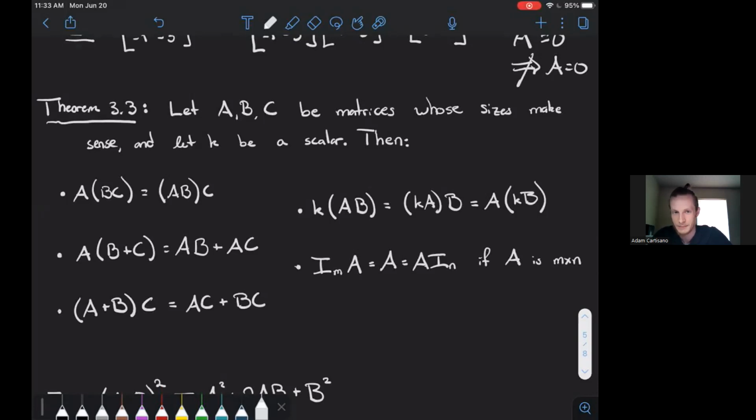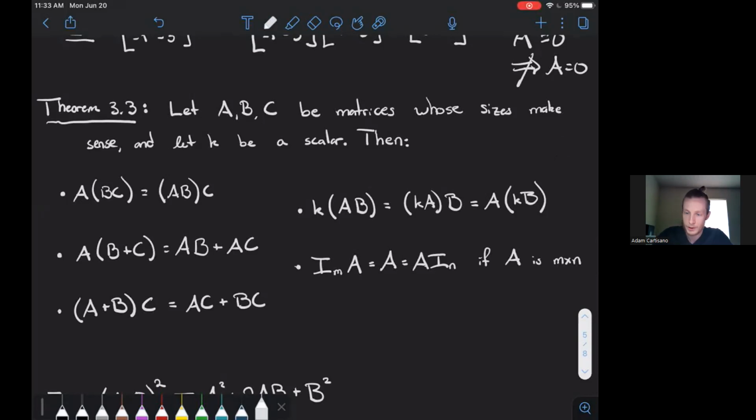When I say matrices whose sizes make sense, I mean don't go multiply a 2 by 3 matrix by another 2 by 3 matrix. Remember, the inside numbers have to match in order for matrix multiplication to even be defined. So pretend that for all the stuff that we're going to write down, the sizes work out, because otherwise it doesn't make sense to write these statements anyway.